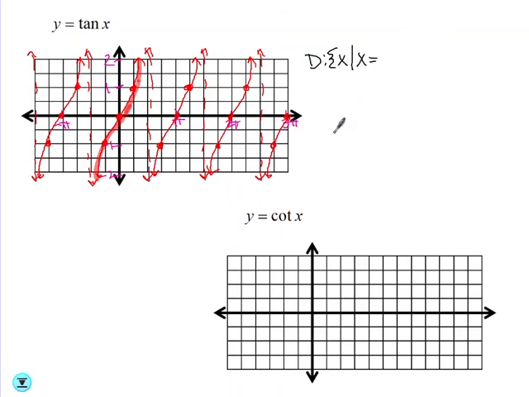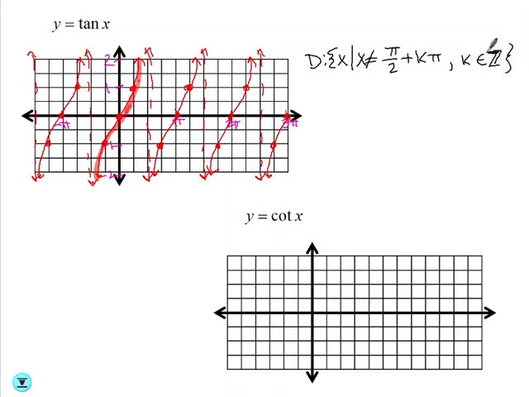So we are going to write this as x does not equal pi over 2 or any pi after that. So we're going to call that plus k times pi, where k is an integer.